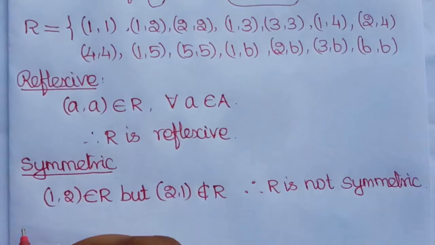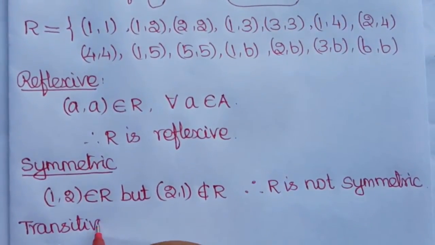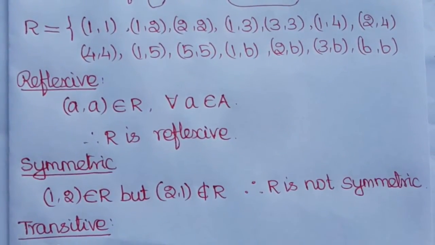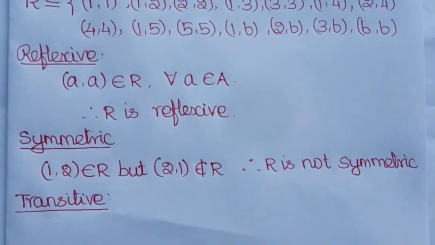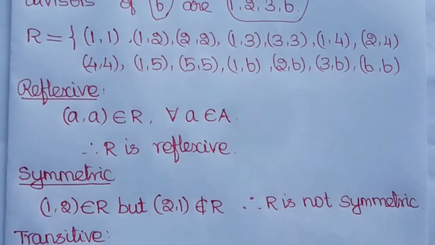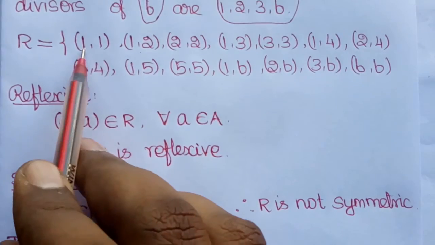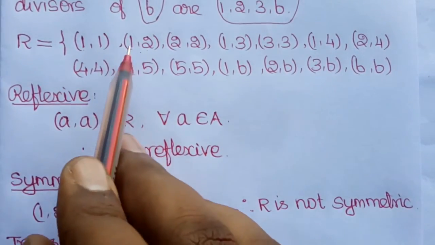The next one is transitive. Now we take two different pairs, where the first one ends with the same number that the second one starts with. For example, (1, 1) and (1, 2) merge to give (1, 2), which is there.